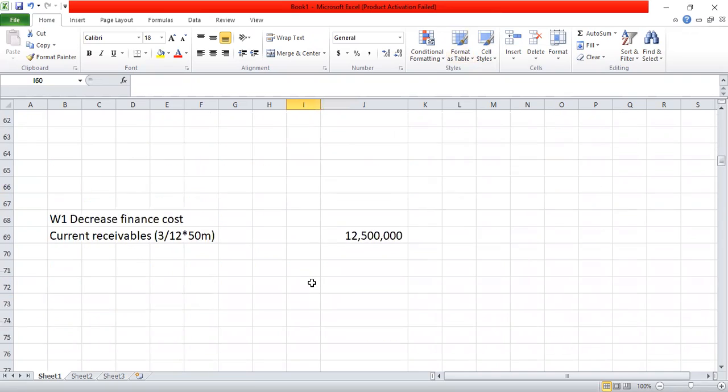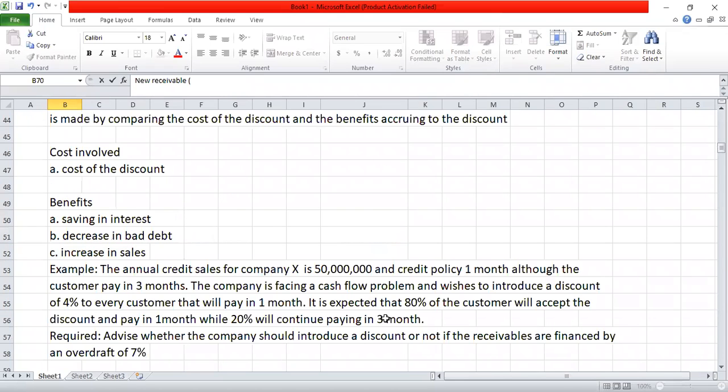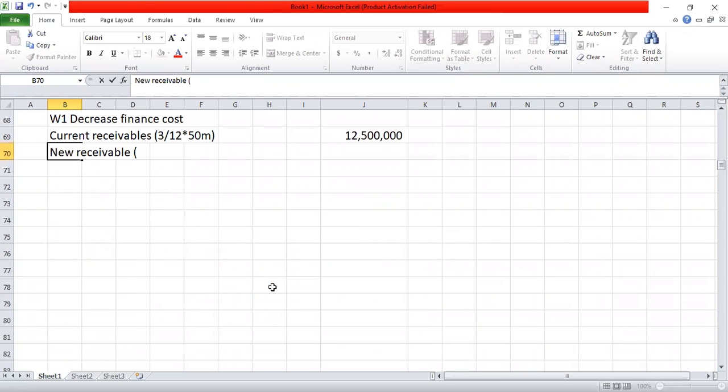So what is the new receivable when you introduce a discount? If they introduce a discount, customers are expected to pay in 1 month. So it's going to be 1/12 times 50 million.